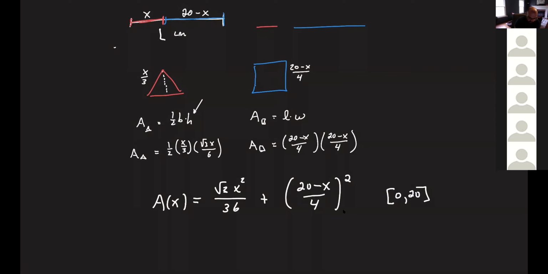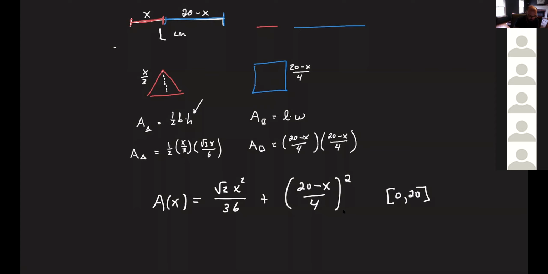So we could do this problem where you have L centimeters. Maybe you don't know the length that you're given. We don't know exactly how much we have. We have L. It's not necessarily 20. So what would happen here is a lot of this stuff would change.